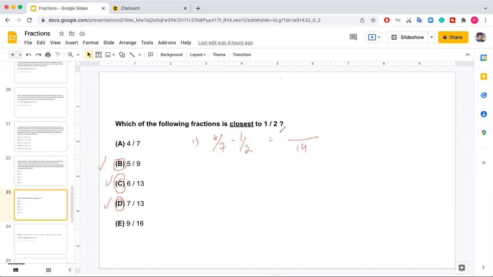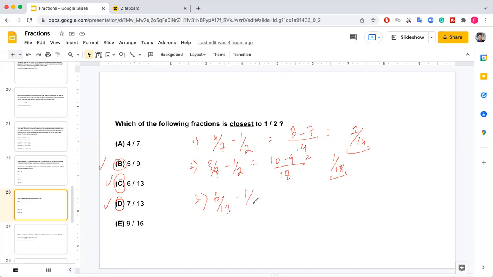So 8 minus 7 equals 1/14. The second one, 5/9 minus 1/2, is equal to, over 18, 10 minus 9, so this is 1/18.